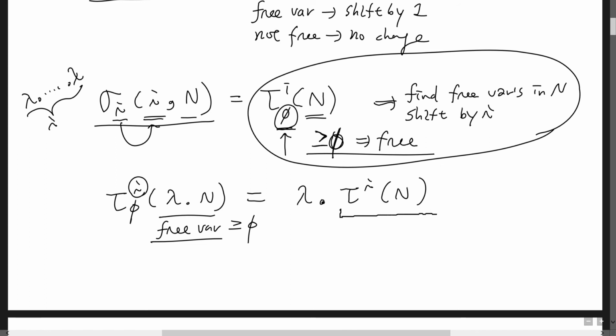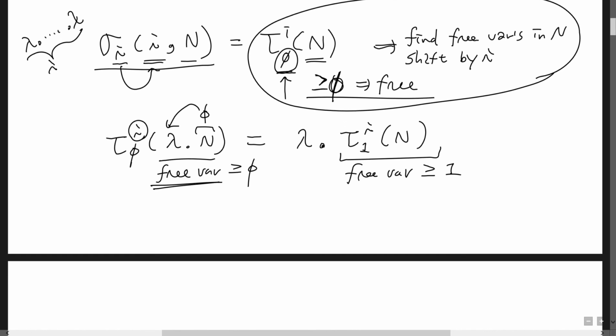But inside this lambda abstraction, what are free variables? If you have 0 here, 0 is not a free variable because 0 corresponds to this lambda binder. So now free variables have indexes greater than or equal to 1. So we use a subscript 1.